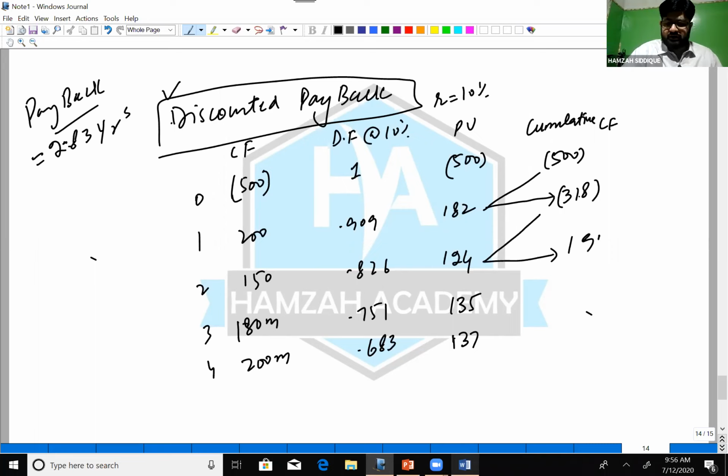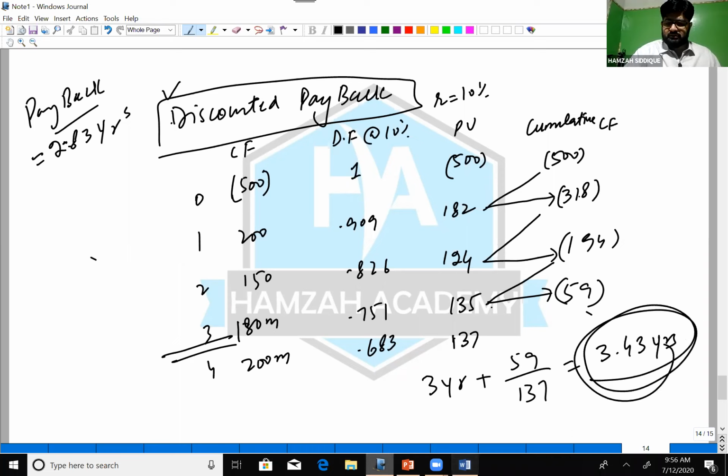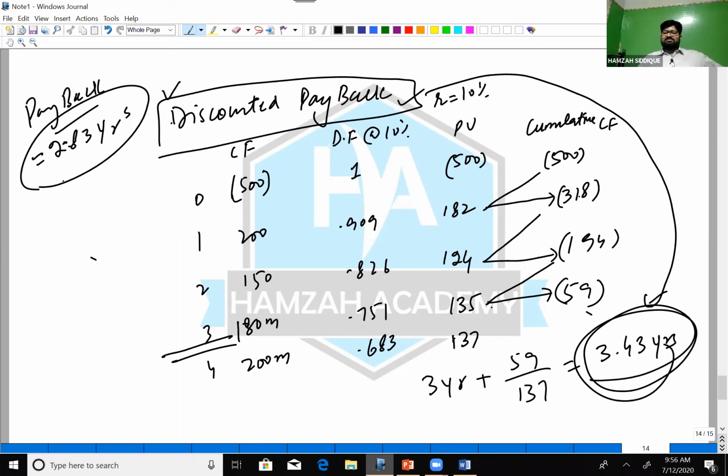Remaining is 194. Then 135 recovered, 59 remaining. So 3 years complete and a portion of year 4. It is 3.43 years.